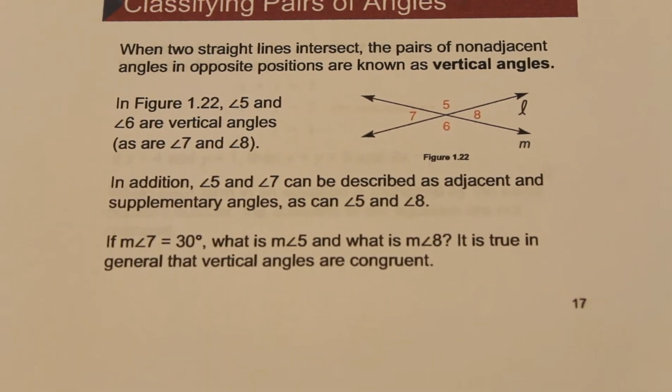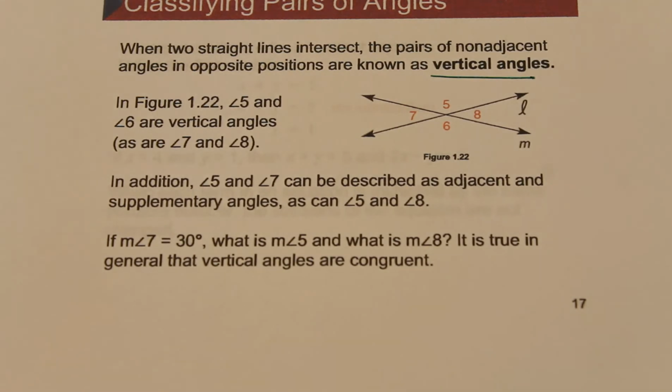Another relationship between a pair of angles are called vertical angles. So we have adjacent angles, we have congruent angles, we have complementary angles, we have supplementary angles, and now we have vertical angles.